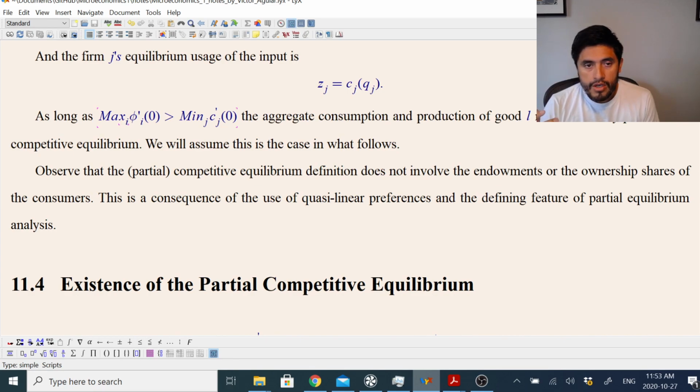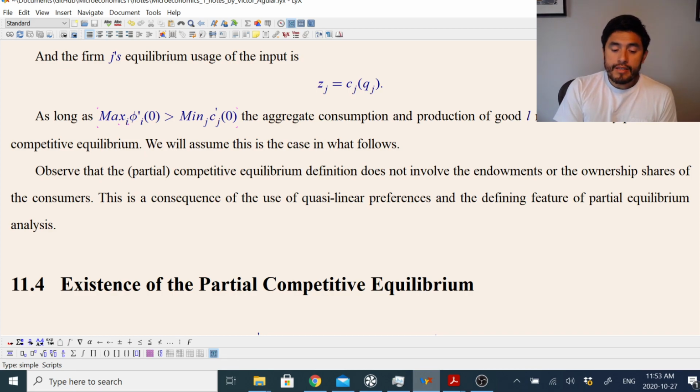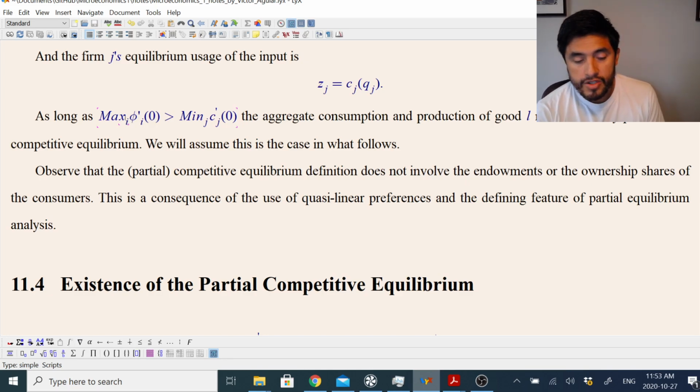Now, observe that the advantage of the partial competitive equilibrium definition, as I said, is that it does not involve endowments or the ownership shares of consumers. This is a consequence of the quasi-linear preferences and the defining feature of partial equilibrium analysis.